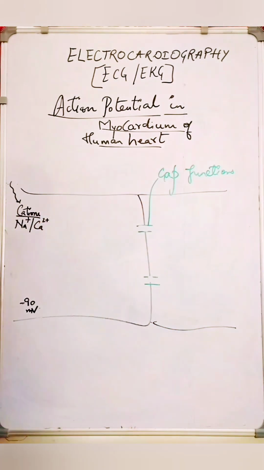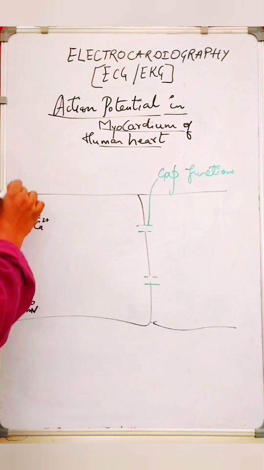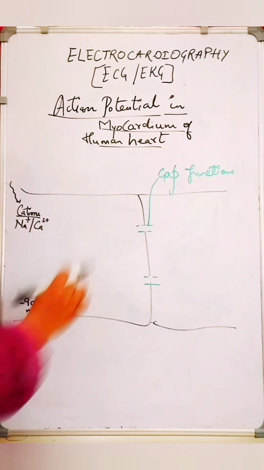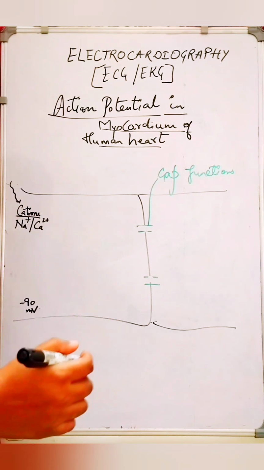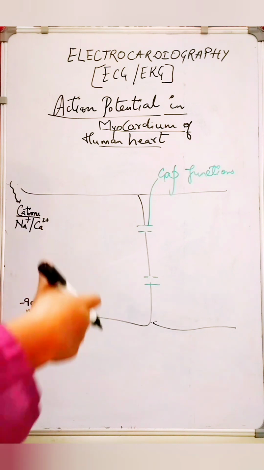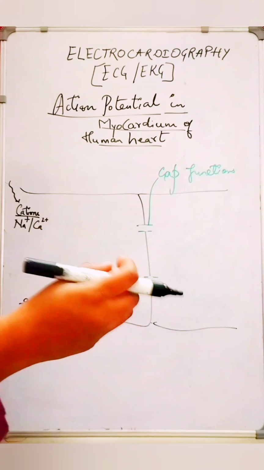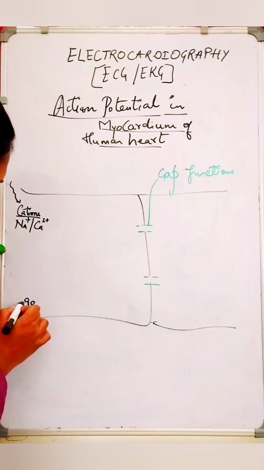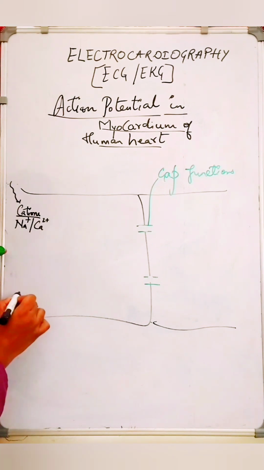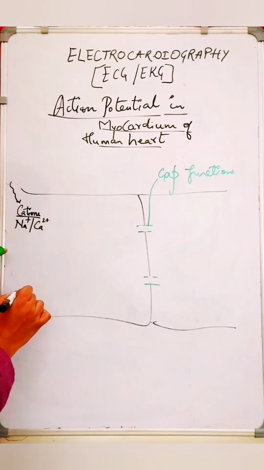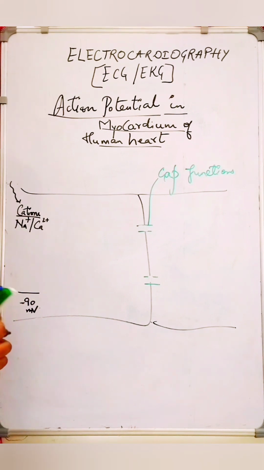When these cations get inside, crossing the cell membrane, some kind of chemical or electrostatic force changes, and that is nothing but the electric impulse. So at minus 90 millivolt, the electrostatic force is highly negative. That is the membrane potential.